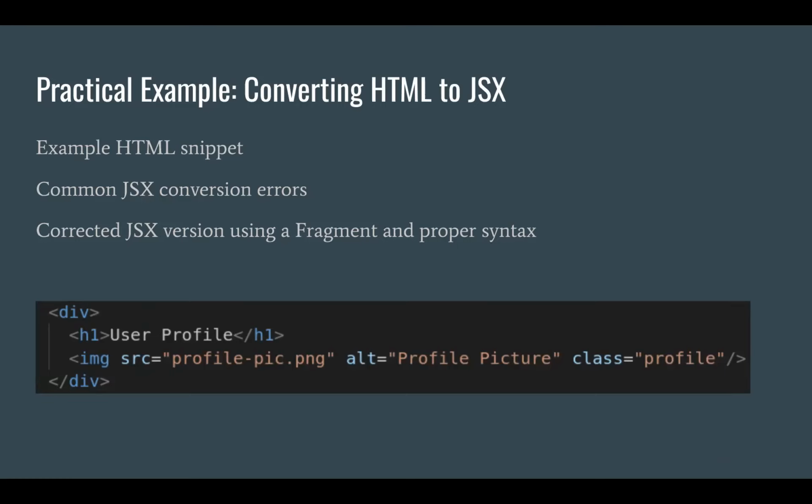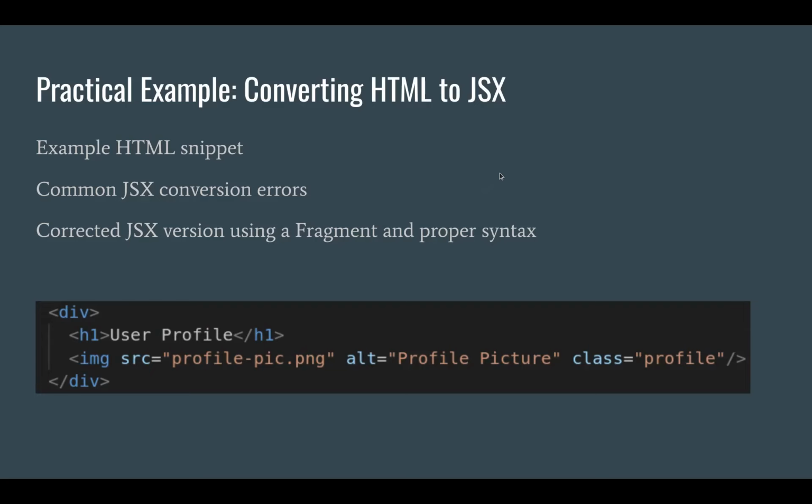Practical example, converting HTML to JSX. So let's walk through a practical example. Say you have an HTML snippet and you want to integrate it into a React component. Copying and pasting it directly into a JSX return statement won't always work due to JSX's stricter rules.